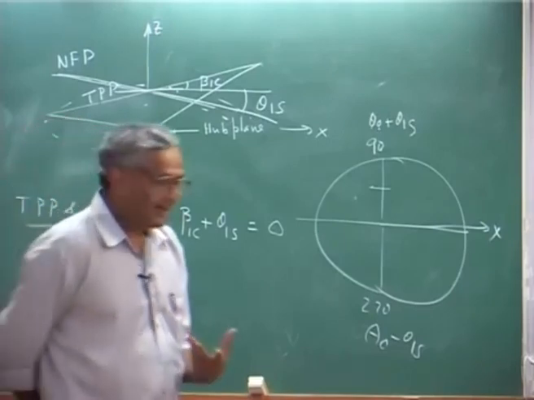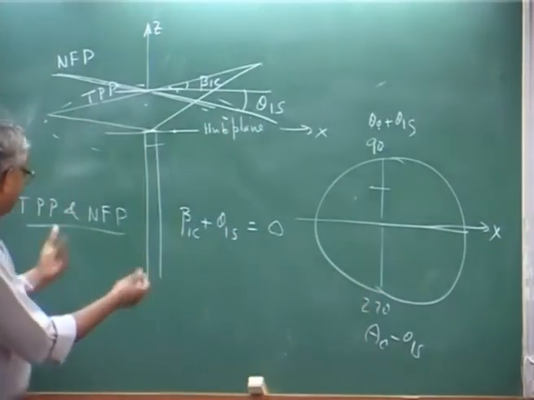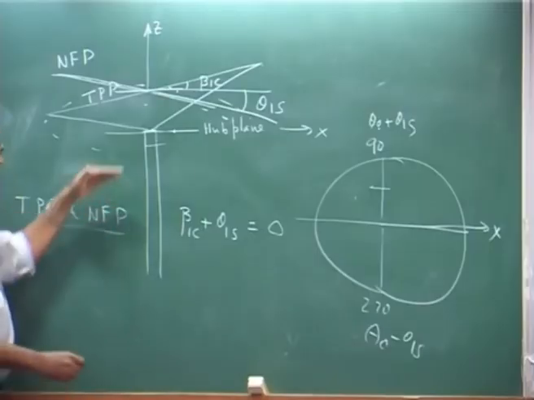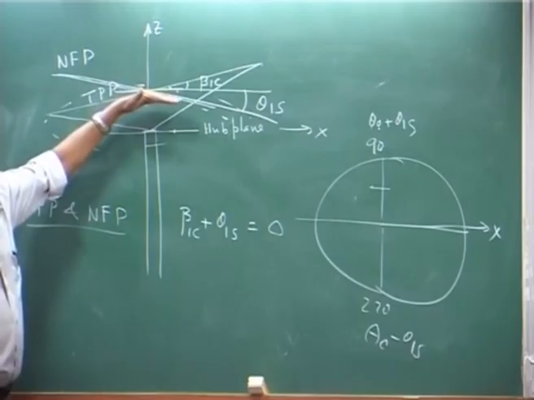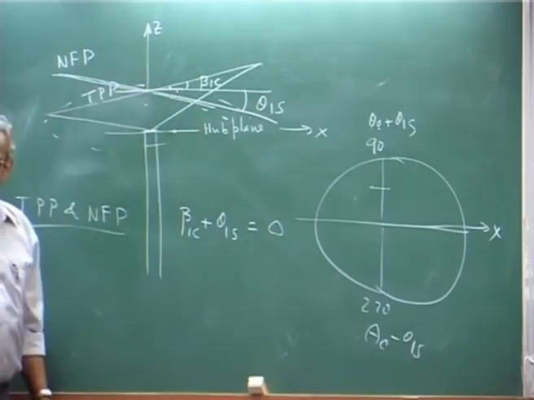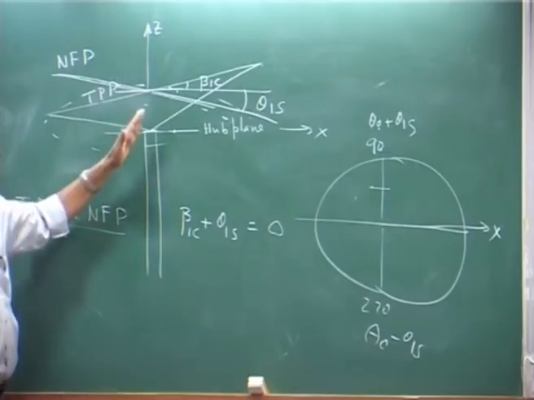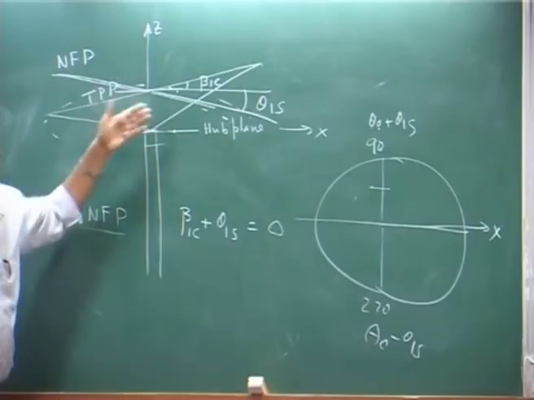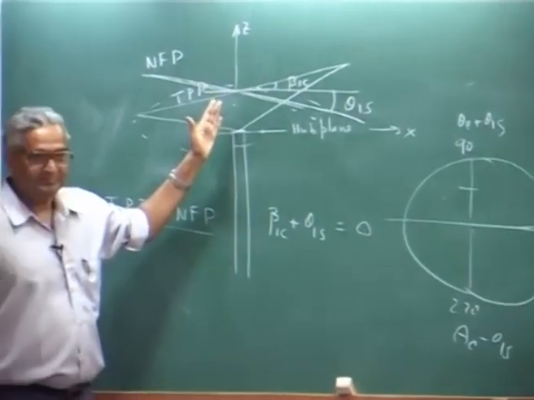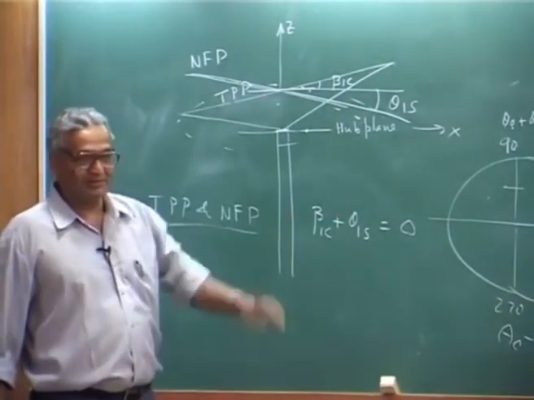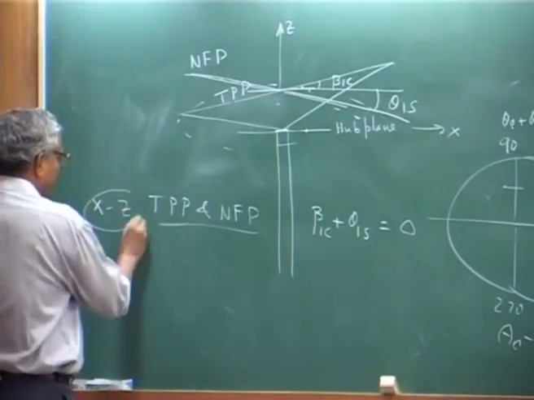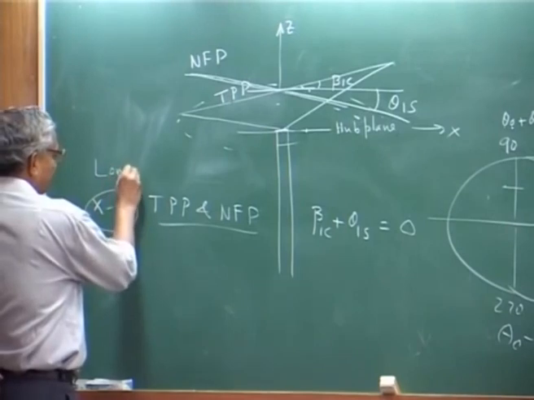And if you look at the other, this is tip path plane and no feathering plane in the longitudinal direction, because you are looking at x and z. If you look at the tip path plane, no feathering plane in the y z, okay, you will get the opposite in the y z. This is x z plane, that is longitudinal plane.